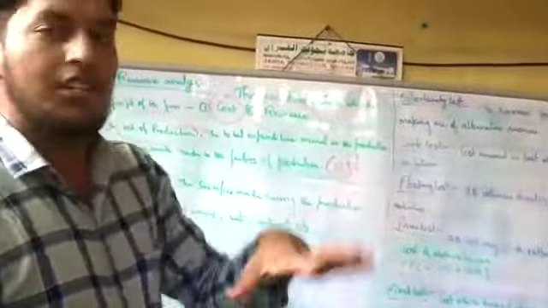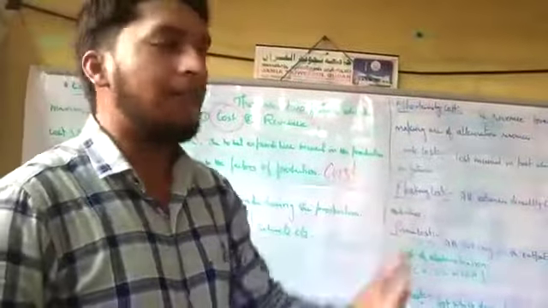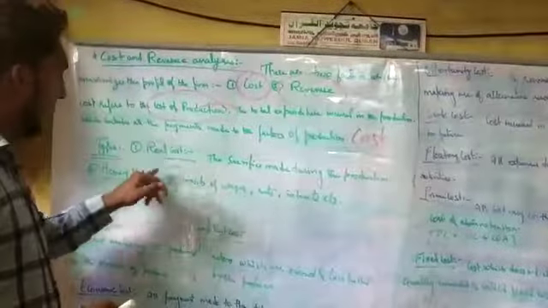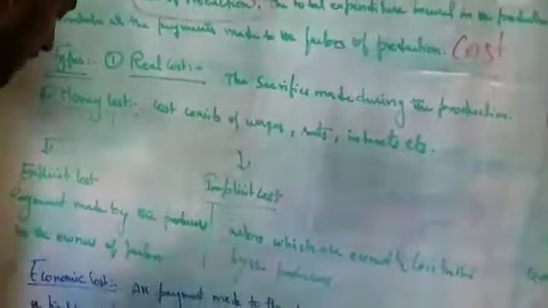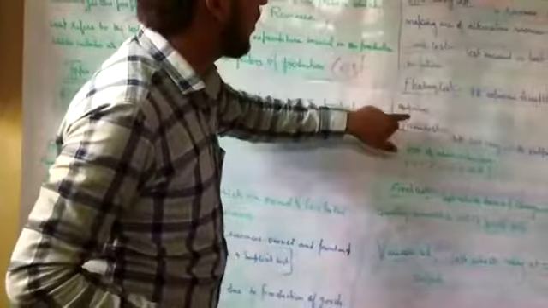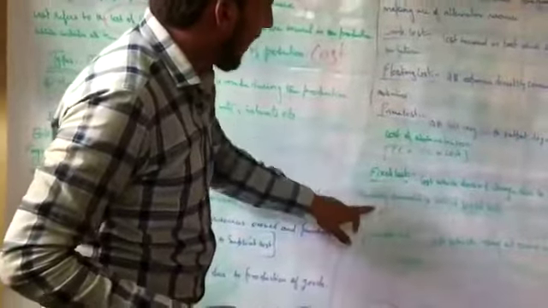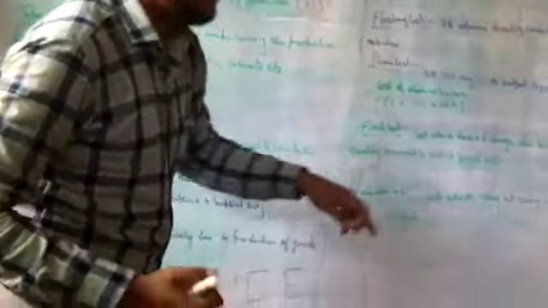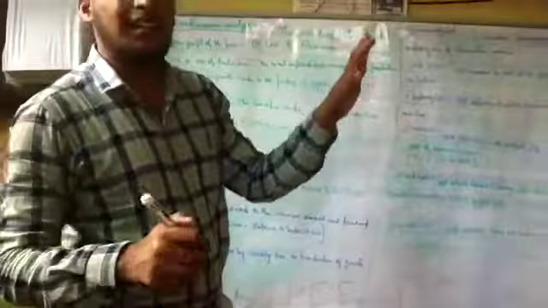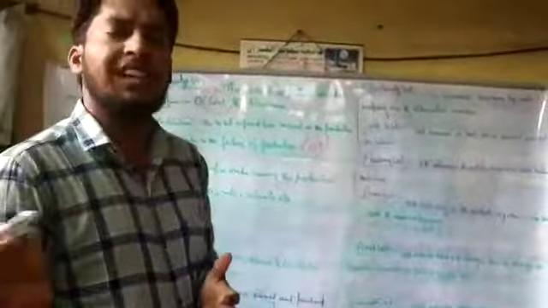With regard to our syllabus, we are going to study real cost, money cost, economic cost, social cost, opportunity cost, sunk cost, floating cost, prime cost, fixed cost and variable cost. We have many costs, around 20 to 25. Let's see one by one.